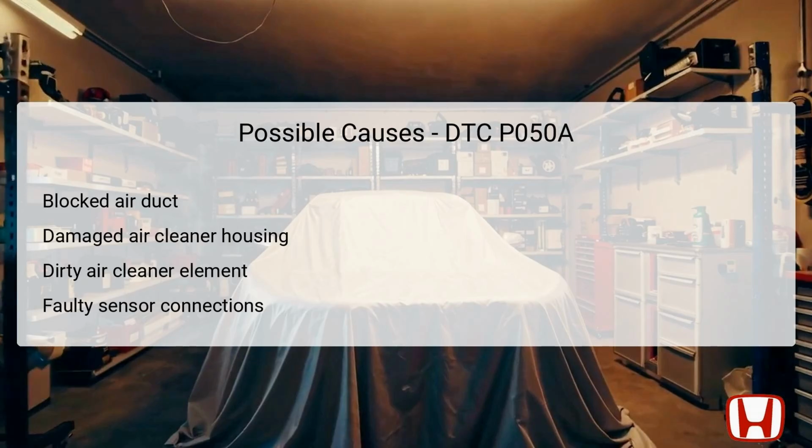The air cleaner element itself may accumulate dirt or debris over time, restricting airflow and affecting engine performance. Additionally, faulty connections or loose terminals at critical components such as the throttle body, MAF sensor, or powertrain control module (PCM) can disrupt the communication between these systems, thus triggering the DTC. Each of these factors can complicate the vehicle's cold start performance and must be addressed properly.